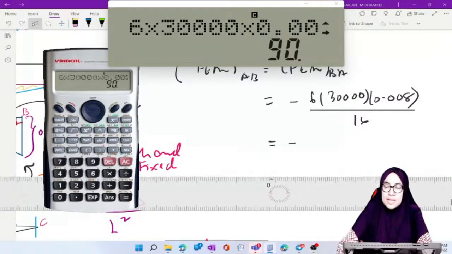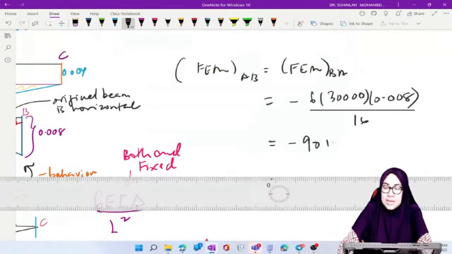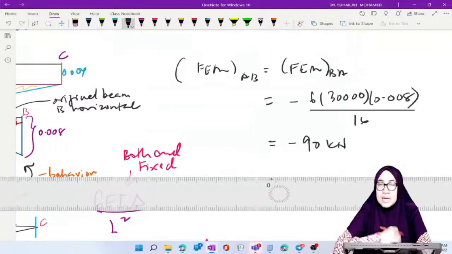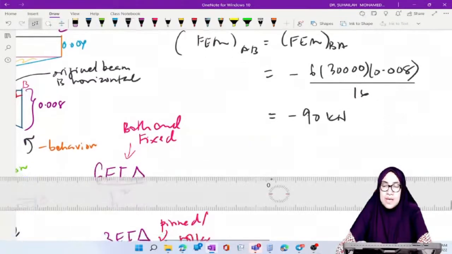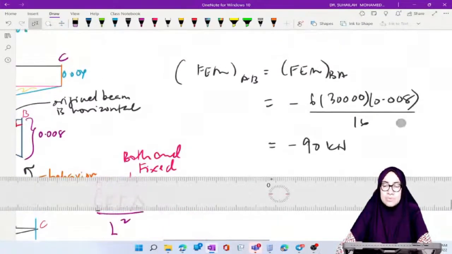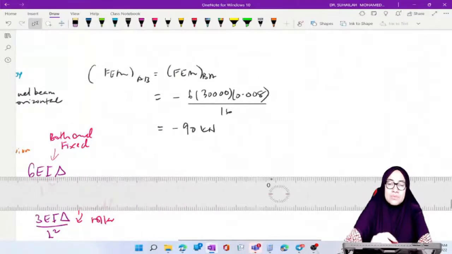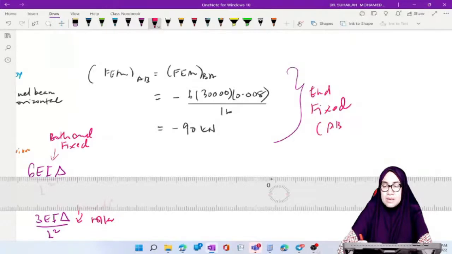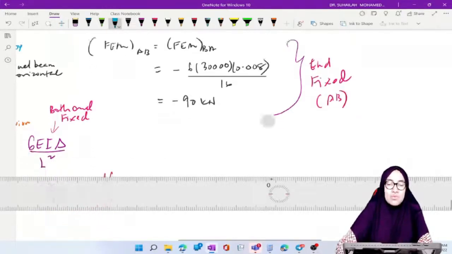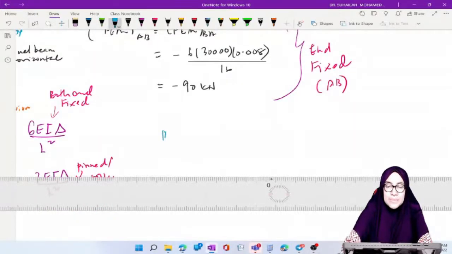So we get 90 kilonewton meter, negative, for FEMAB and FEMBA. Now we want to move to FEM for BC.